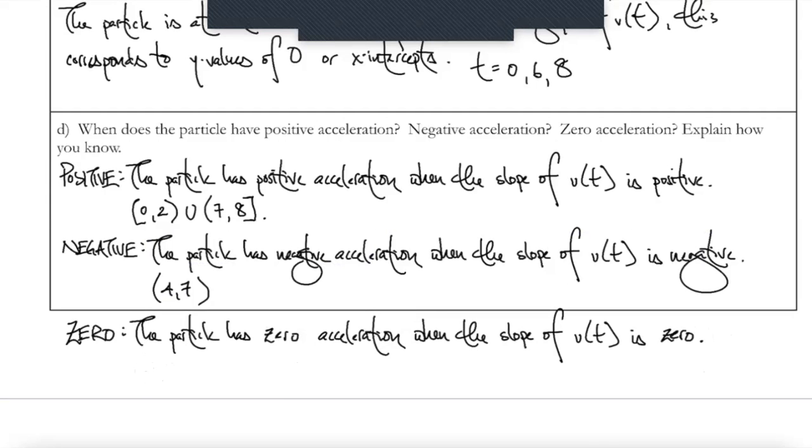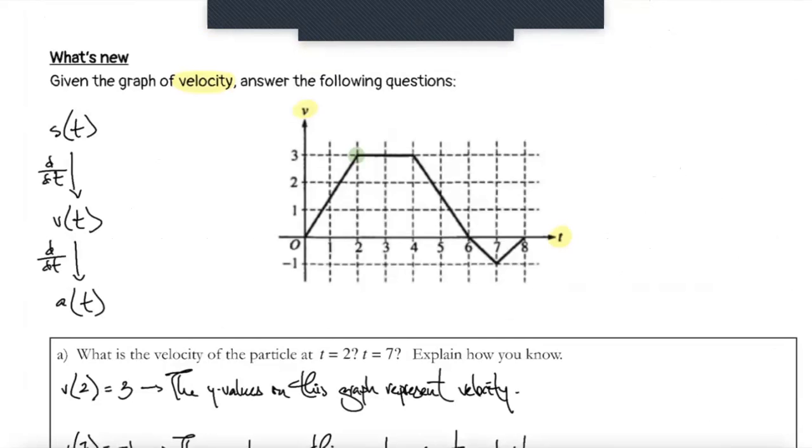And so let's figure out when that happens. And I would say exactly, the slope is 0 from 2 to 4, and we're not including 2, and we're not including 4. So just this horizontal piece right here. Exactly. So 2 to 4, non-inclusive.